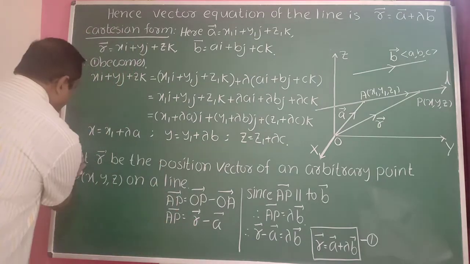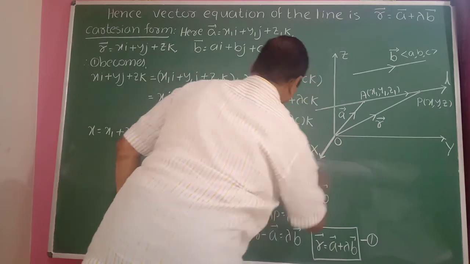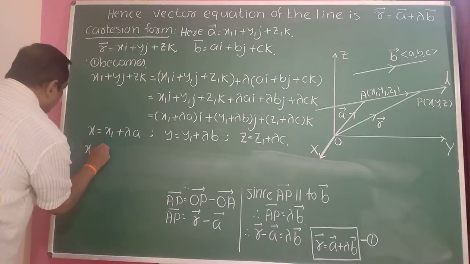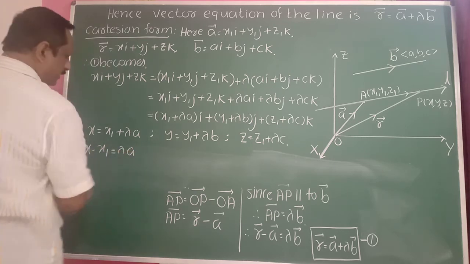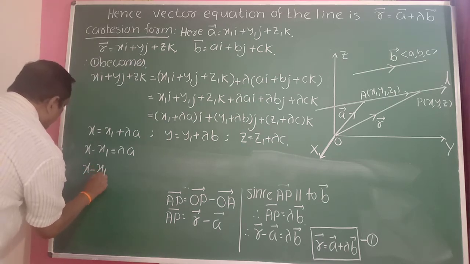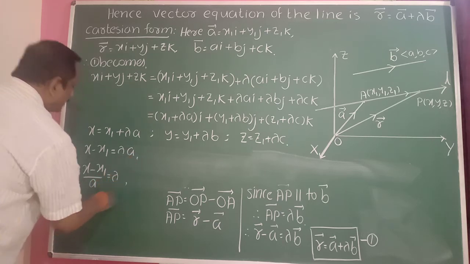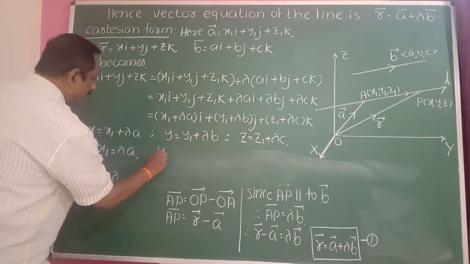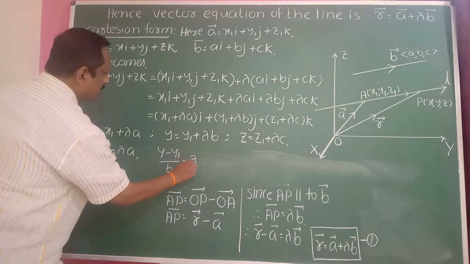Now we take x1 to the left-hand side. x minus x1 is equal to lambda into a. Take a to this side, cross multiply: x minus x1 divided by a is equal to lambda. Similarly, take y1 to the left side and cross multiply, so y minus y1 upon b is equal to lambda.